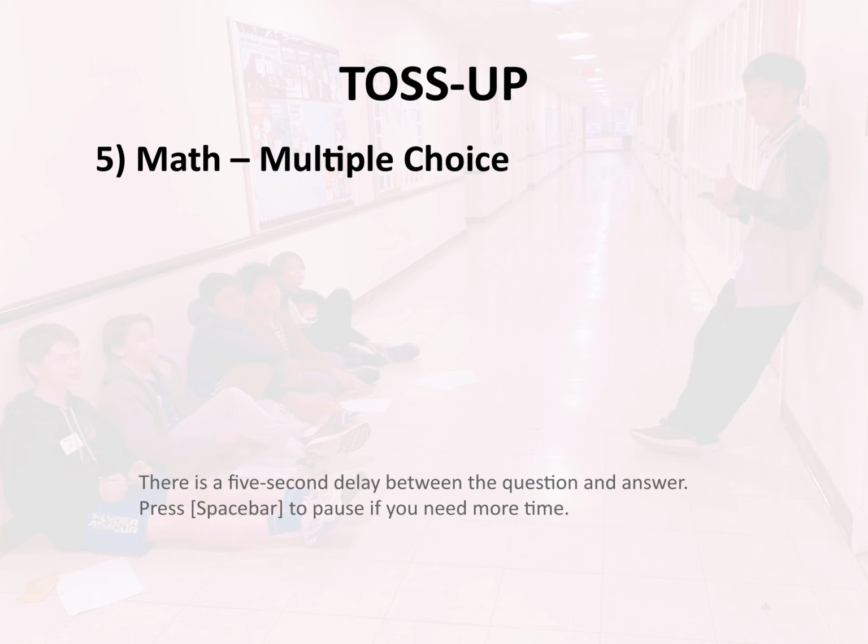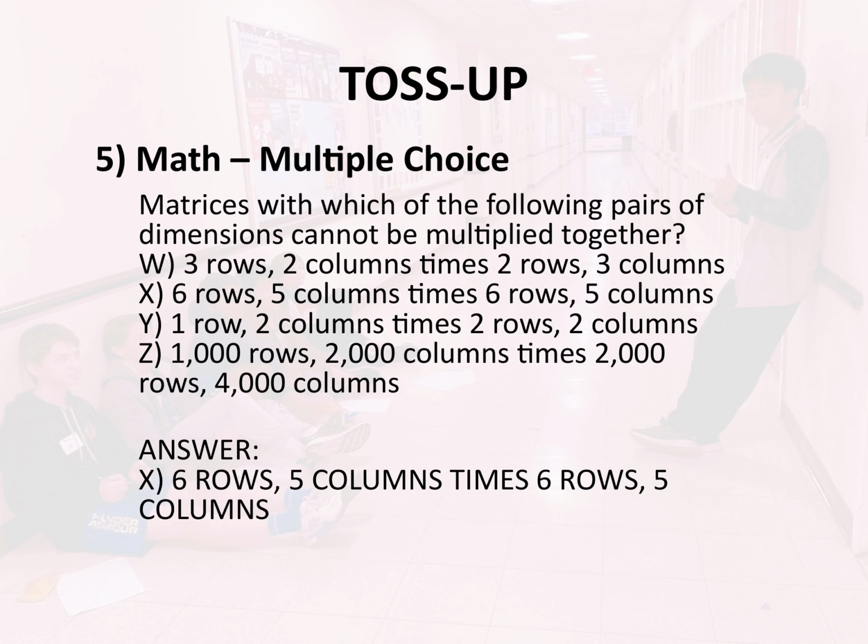Y. 1 row, 2 columns times 2 rows, 2 columns. Z. 1000 rows, 2000 columns times 2000 rows, 4000 columns. Answer: X. 6 rows, 5 columns times 6 rows, 5 columns.